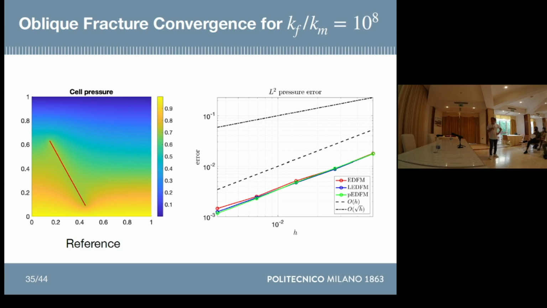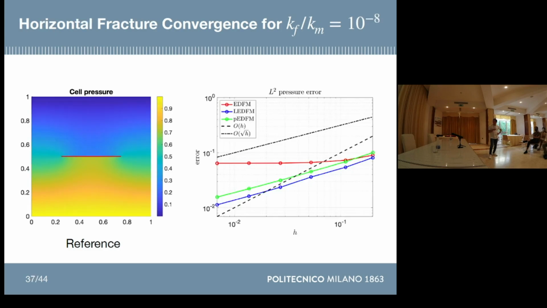So if we look at the convergence for the oblique fracture case when, let's say, the permeability ratio is high, we see that more or less the 3 methods have the same trend of convergence, a linear convergence. The same if we lower the conductivity contrast.